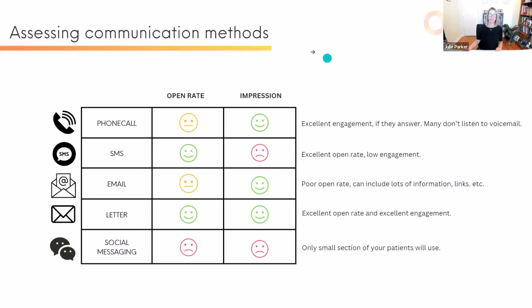And so when we're looking at the phone call, this used to be higher. The answer rate, or the open rate, if you like, the number of people that used to answer a telephone call was very high back in my day, back in the 1920s, when I was calling people for recalls. Most people would answer. They were either at home or in an office, and they would answer their phone.